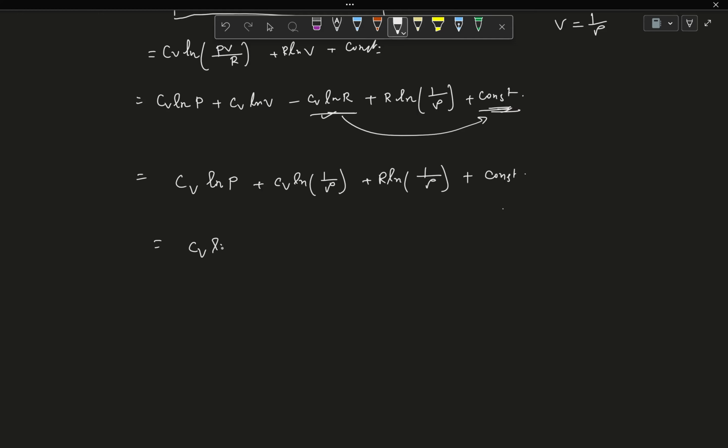So this is Cv ln P minus Cv ln rho, because ln 1 by rho is minus ln rho, minus R ln rho plus constant. This is your S.